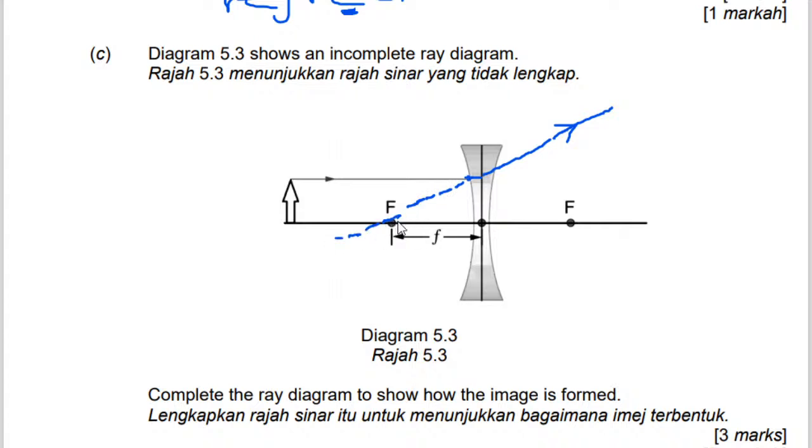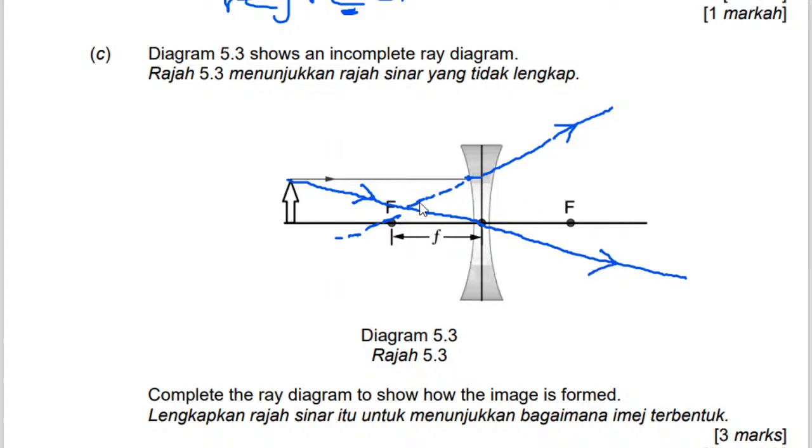The real light will be this line, so we use a solid line. Then the second ray goes from the head of the object to the optical center. Straight, because the optical center is like a normal line. So this one is straight, solid line.